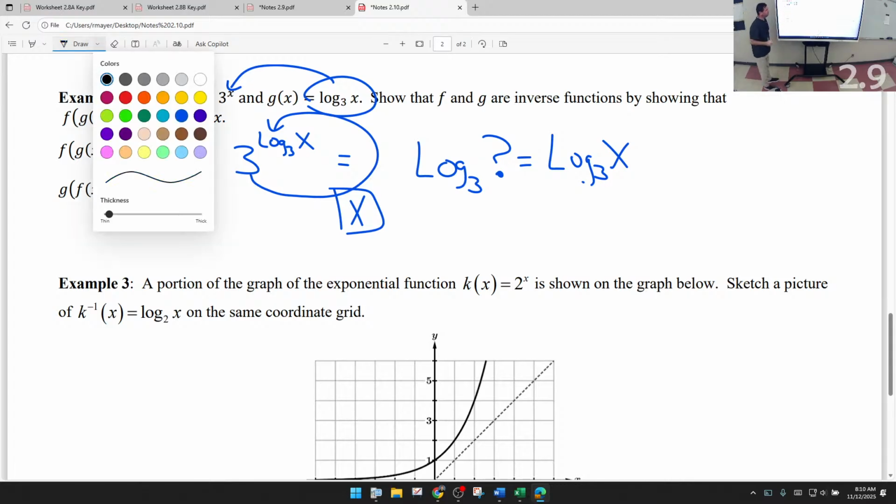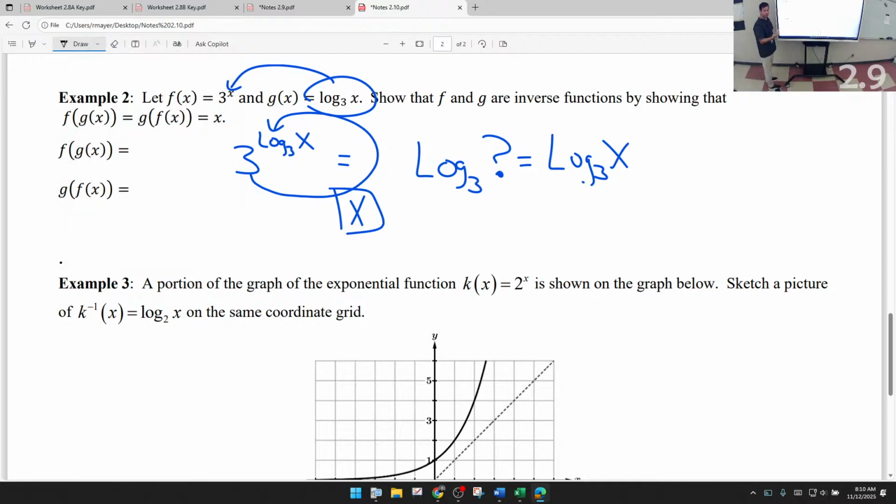Okay, bear with me. I'll come back on that one. There is a logarithmic rule that says if you have a base to log of that same base, that all just cancels out and you're just left with that x. But I don't know if I can just cancel that out and give you x without showing something. Bear with me on that.